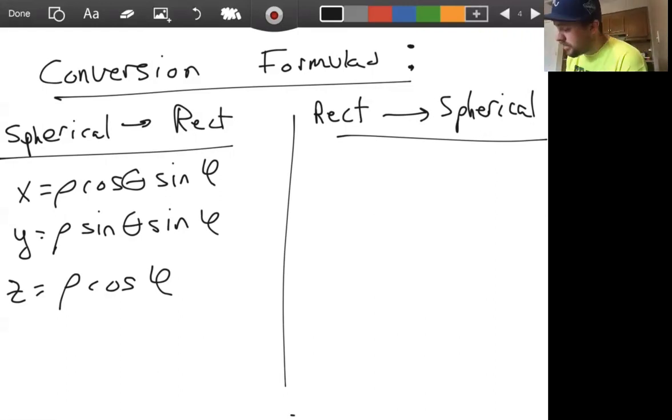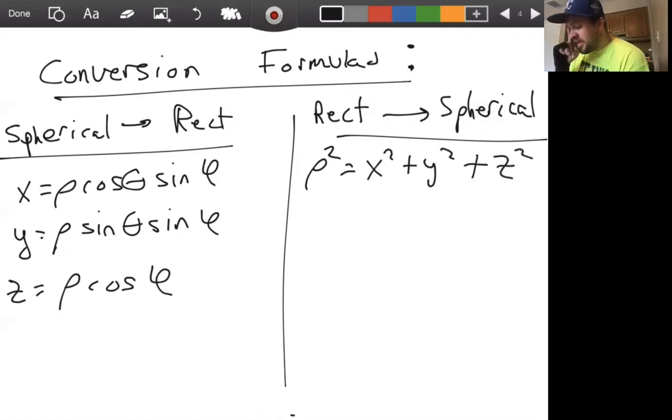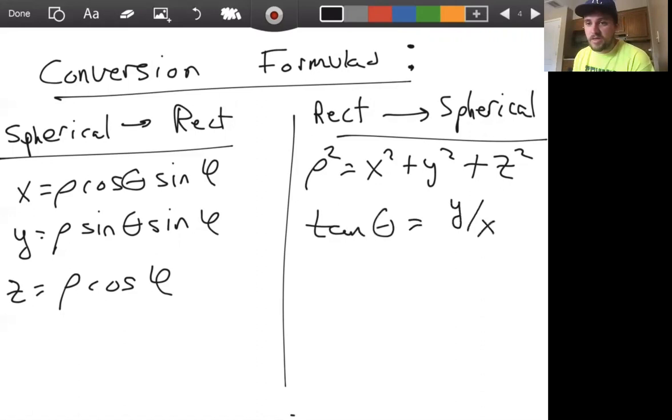For rectangular, we have rho squared equals x squared plus y squared plus z squared. It's like a one dimension higher analog of the radius that we've been talking about in cylindrical coordinates, and polar coordinates, I mean. We still have that tangent of theta is y over x, because theta hasn't changed in spherical coordinates.